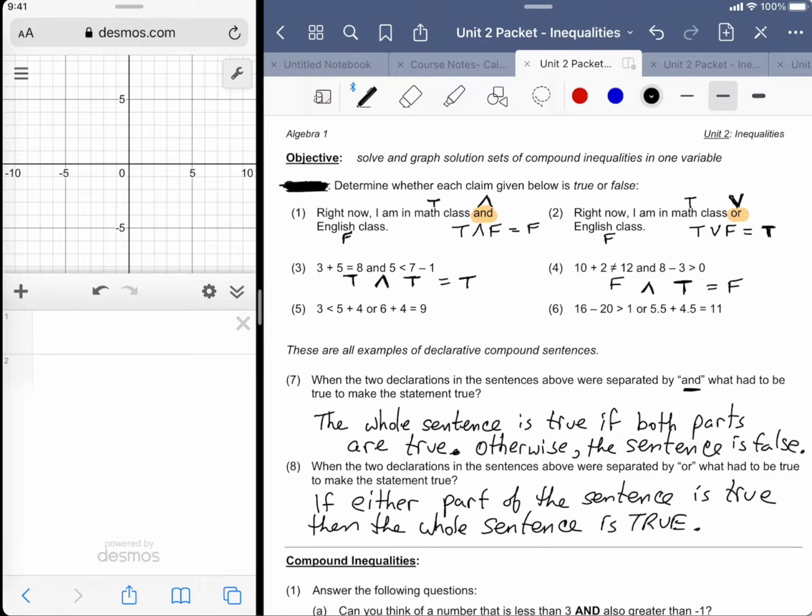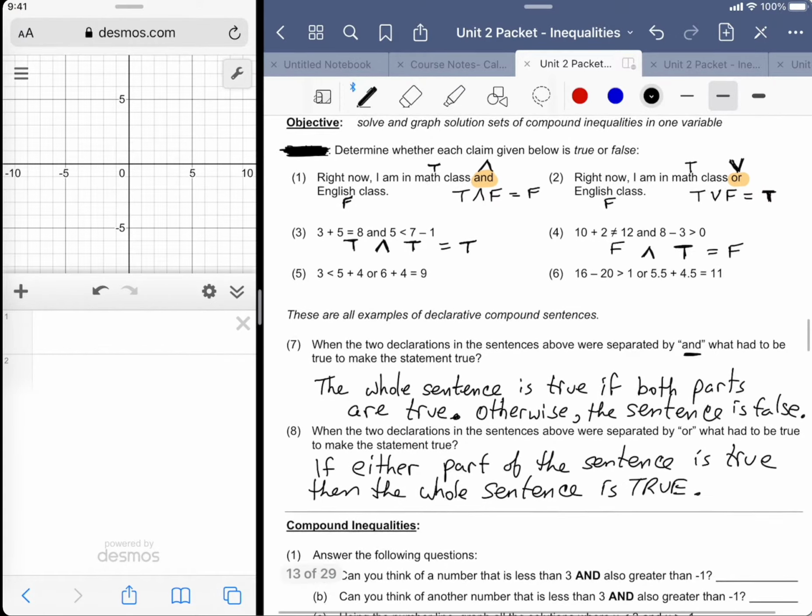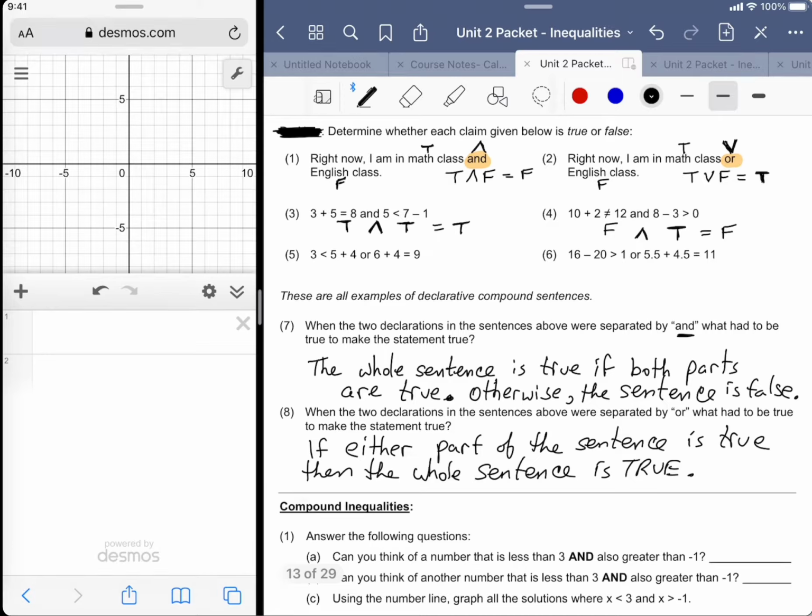All right, if either part of the sentence is true, then the whole sentence is true. It happens. I don't know why. All right. The only way for an or sentence to be false is if both parts are false.